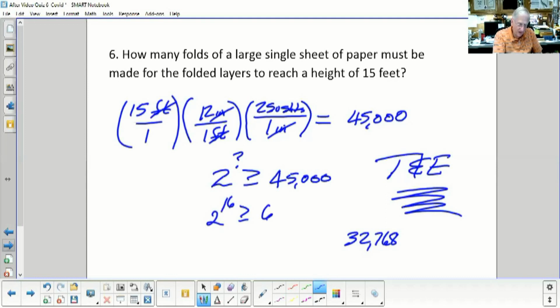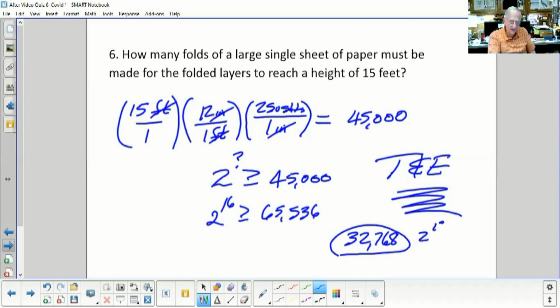So 65,536 would beat 45,000. 32,768, which was 2 to the 15th, is not large enough, okay? So how many folds would I need to beat this height, to reach it or beat it? I need 16 folds.